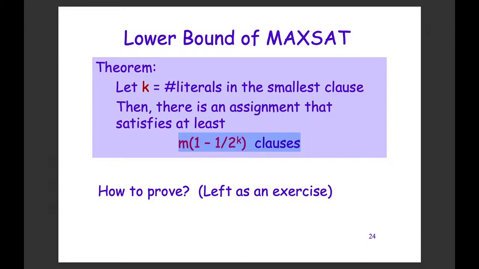So what are the things that we can randomly assign? And then for each random assignment, what is the expected number of clauses that we can satisfy? So this is enough hints for you to come up with an answer for this one. Based on this, we can find out this, and then we can similarly analyze the probability of success if we get a random assignment, and whether we can have this result.